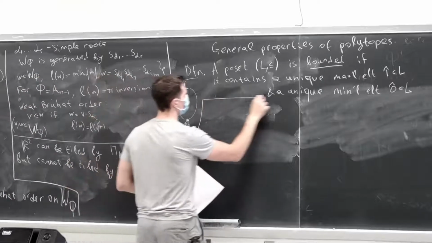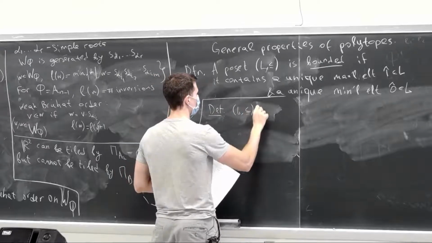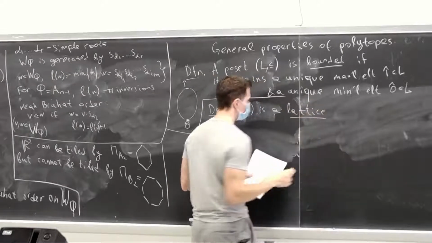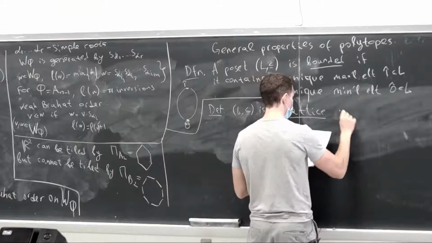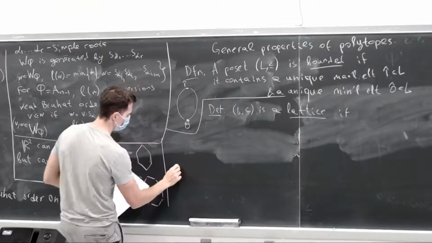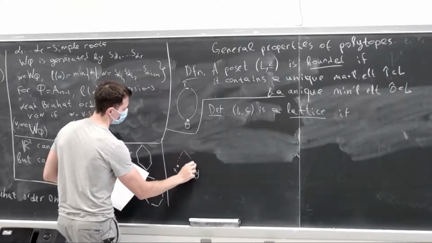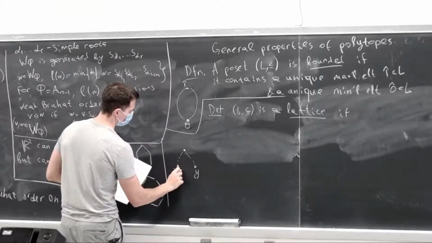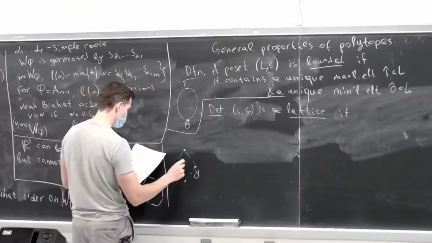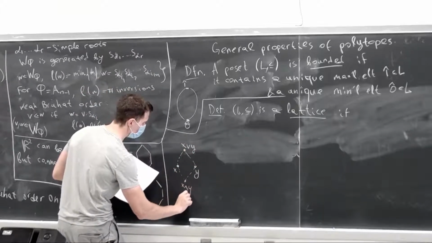And another one is that L is called a lattice. So for a lattice, what you want is that whenever I have two elements, x and y, then there should be a unique minimal upper bound and a unique maximal lower bound. The upper bound is denoted x join y, and the lower bound is x meet y.